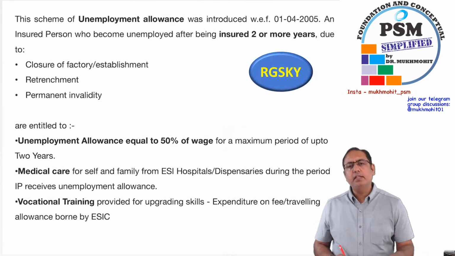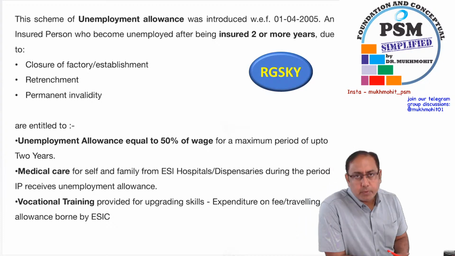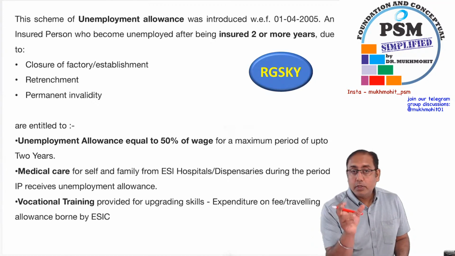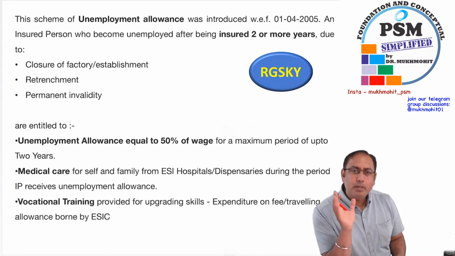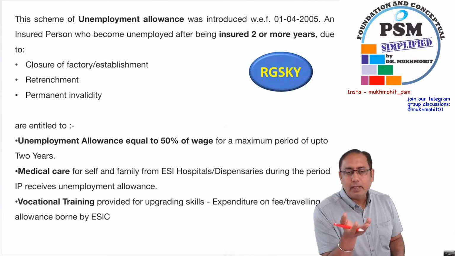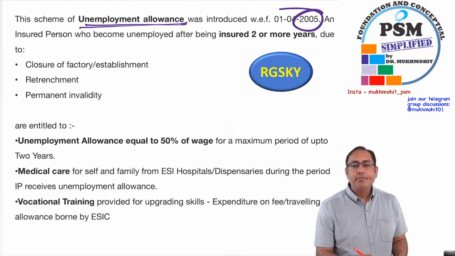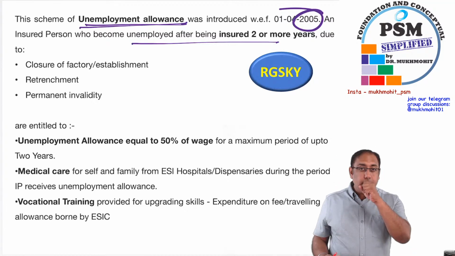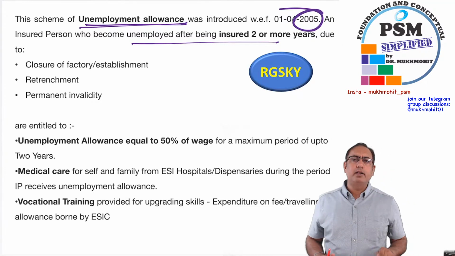Please note that Rajiv Gandhi Shramik Kalyan Yojana, many students had doubt on this. This is under the ESI program. If you want, you can go to the ESI website, or Google Shramik Kalyan Yojana or ESI Shramik Yojana. You will get the direct link. It is unemployment allowance which was introduced in 2005 for all the people who were unemployed after being insured, and were contributing for 2 years before their unemployment.